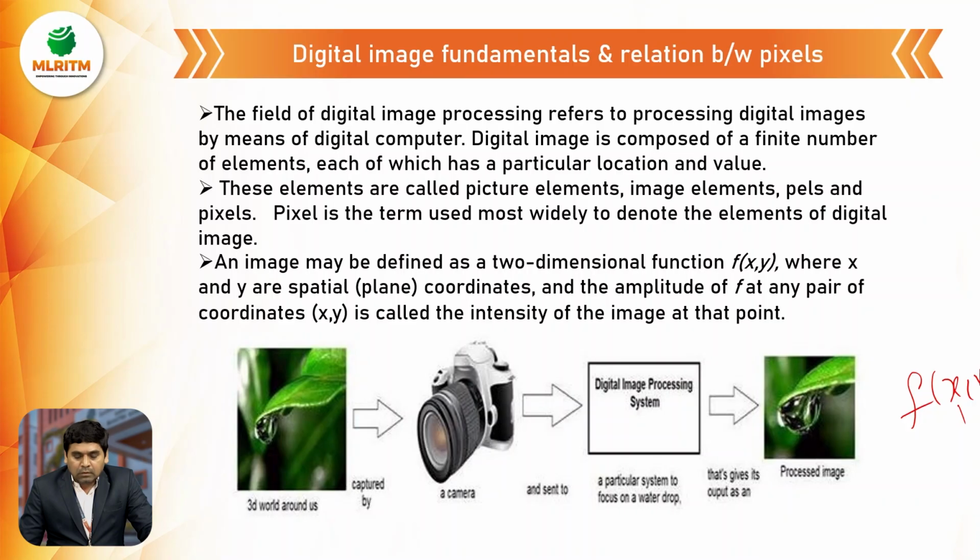The field of digital image processing refers to processing digital images by digital computers, and a digital image is composed of image elements, or pels, or pixels. Nowadays we use the word pixels. An image consists of a number of pixels, each pixel having some coordinate.